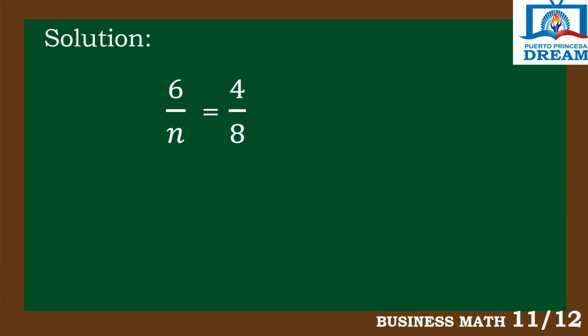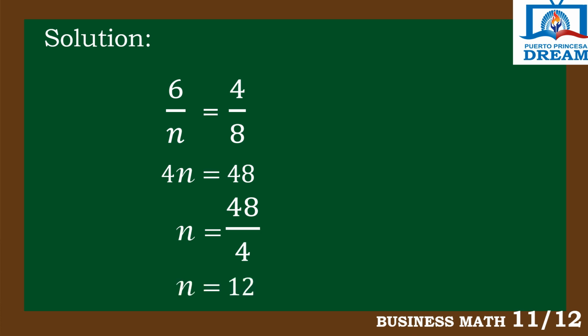So this will be our solution. 6:n is equal to 4:8. Multiplying the means and the extremes, we get 4n is equal to 48. n is equal to 48/4. And our n is equal to 12.